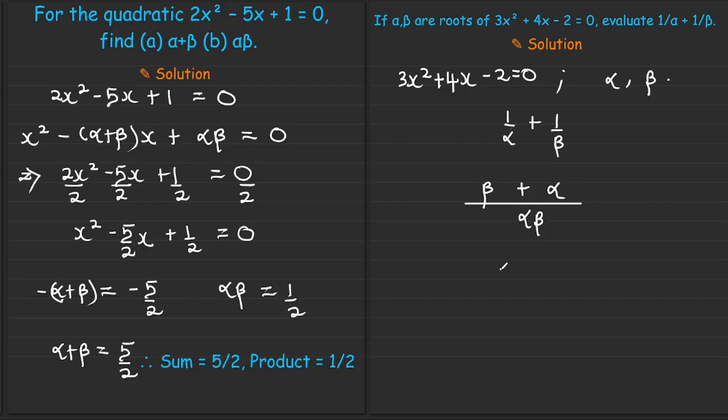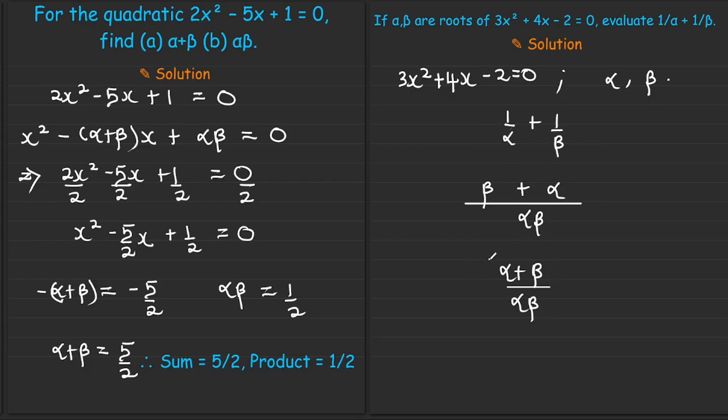This can be rewritten as alpha plus beta all over alpha beta. So what we are being asked to look for, 1 over alpha plus 1 over beta, we would have thought we need to find alpha separately and beta separately so that we can substitute and solve.